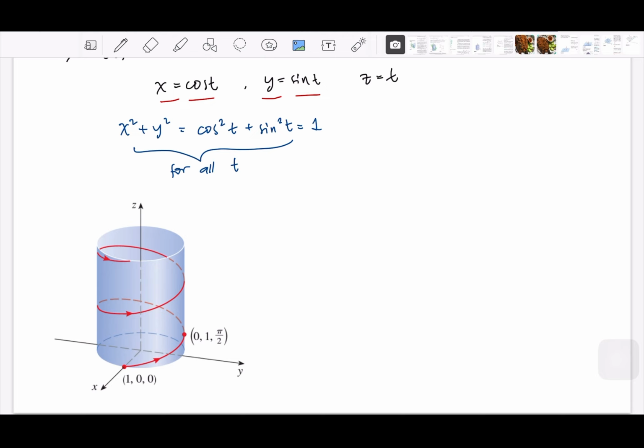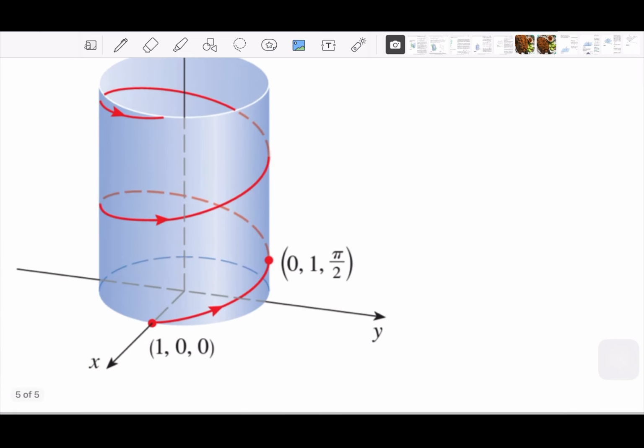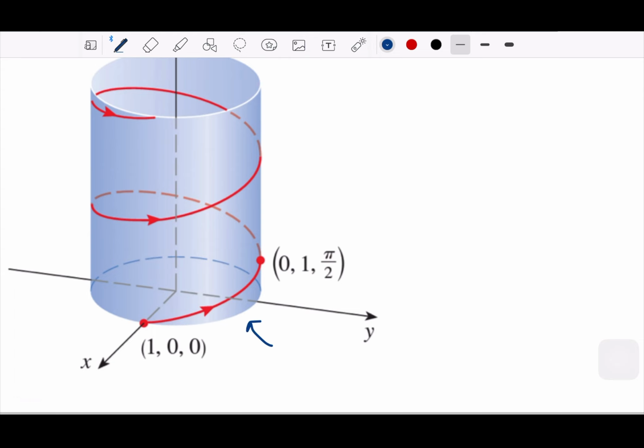We can start by imagining when z is 0. We have a perfect circle on the plane. Then we take some z, for example, we start from 0, and then pi over 2, and we take some other points as well.